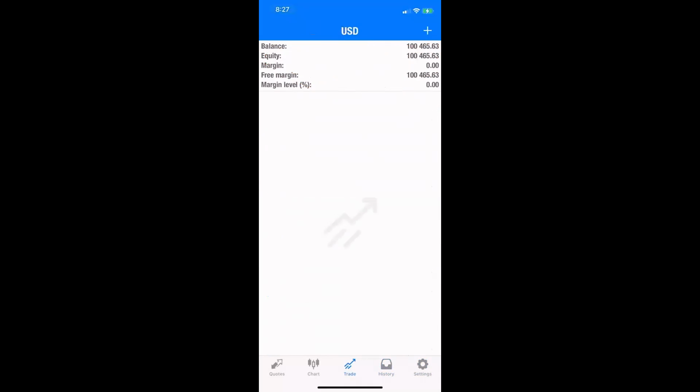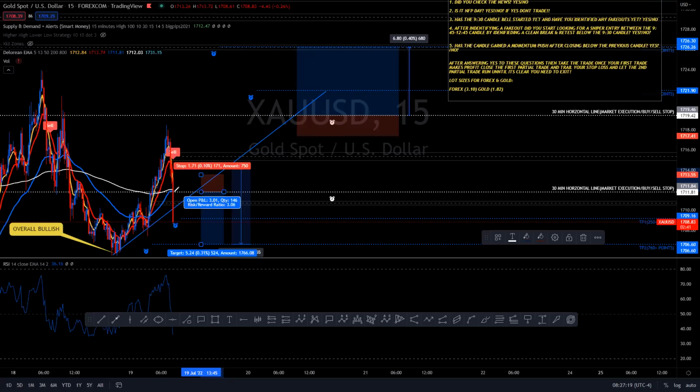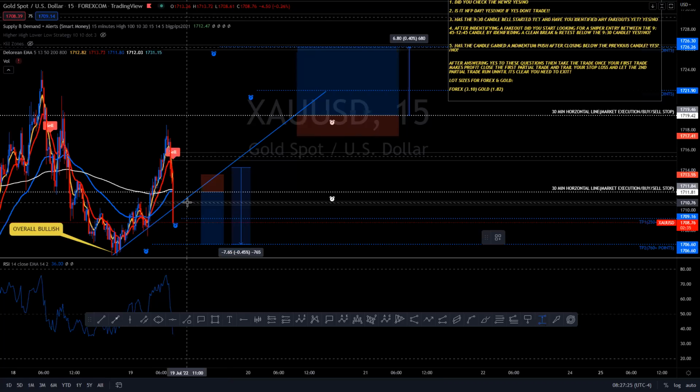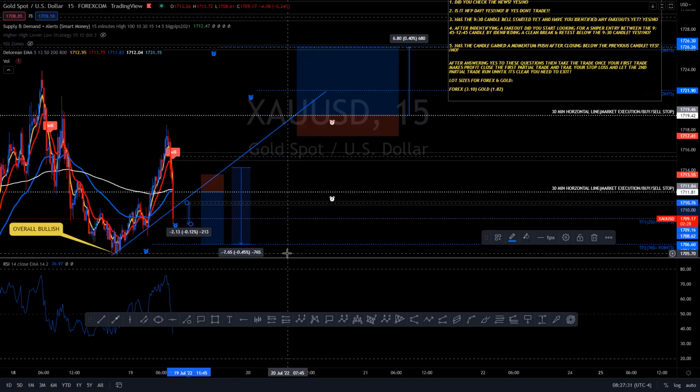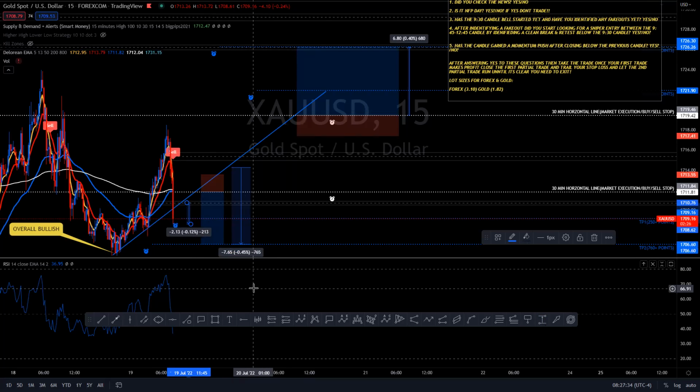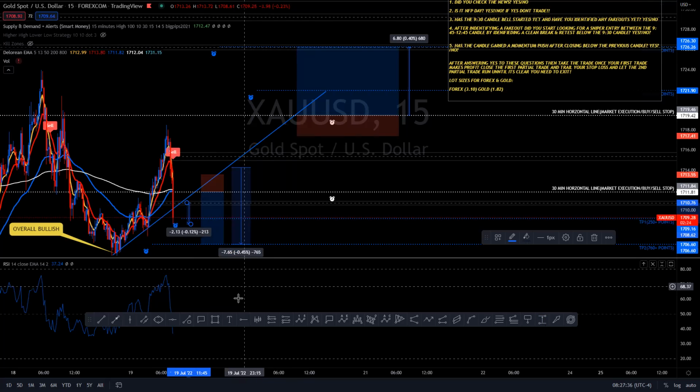So let's see. Gold really dropped today. Kind of missed my entry, but it's okay. But I got that was about 213 points, which equaled $270 profit.